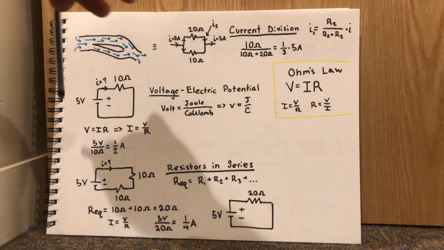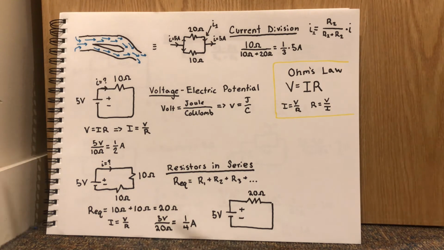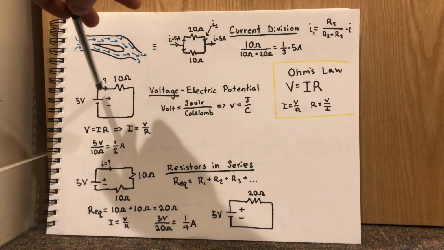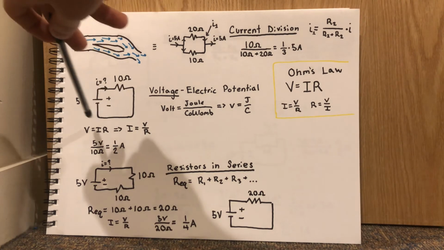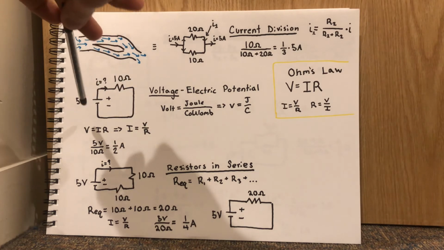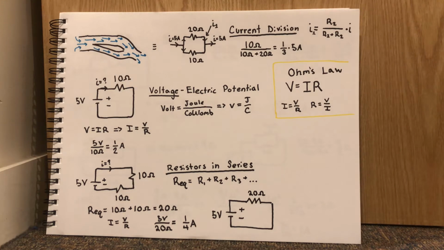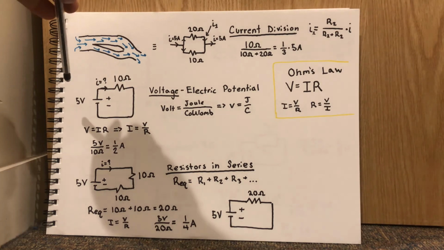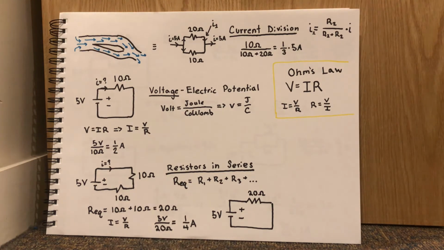As we know from earlier, it's actually going the other way, but for our calculations it doesn't matter. And no matter where I put this I value, it's always going to be a half. The current is always going to be the same in this loop, since there's nowhere for it to split.